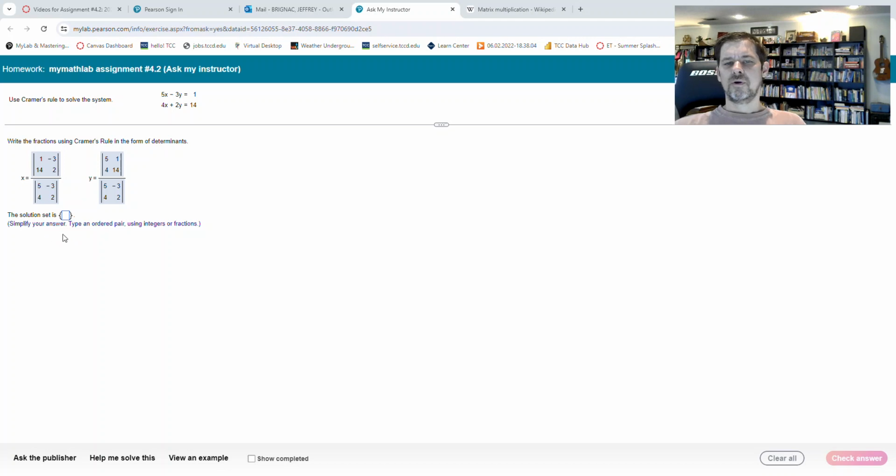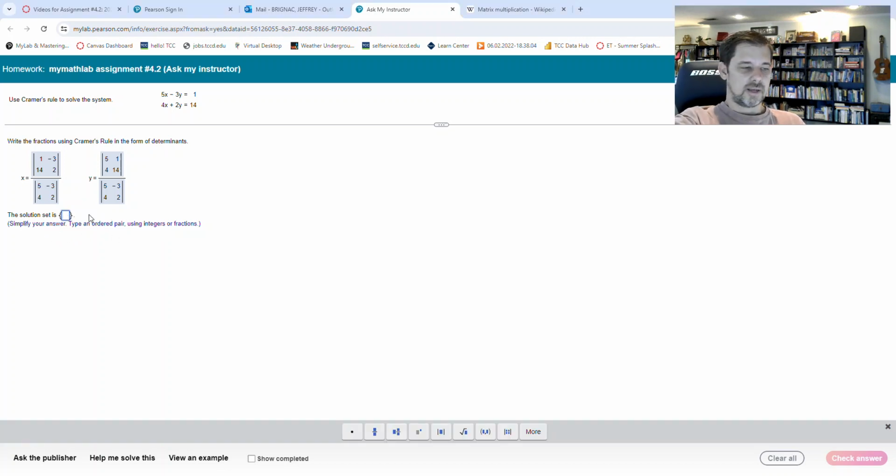Now, always, in MyMathLab, there will be instructions. I should always pay attention to them. I can put in the right numbers for the answers, but MyMathLab is just software, and it doesn't know how to interpret what you do if you do something a little different than it's expecting. Notice that it says type an ordered pair using integers or fractions.